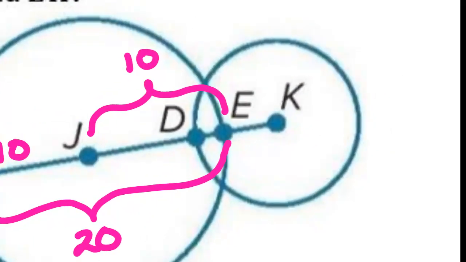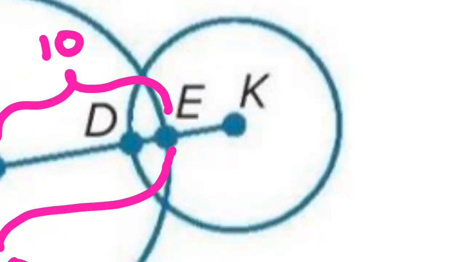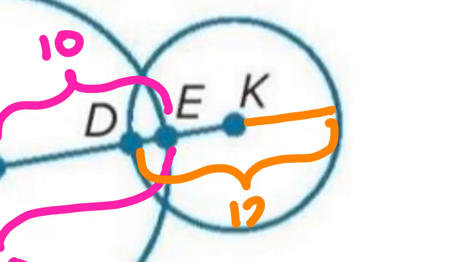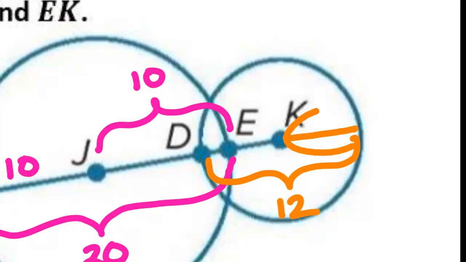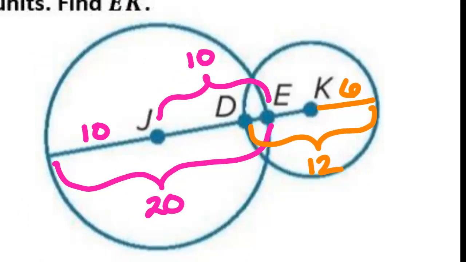The diameter of the other circle was how much? 12 was the diameter. That would go over to the edge of the circle. Well, if that's 12, how big is this right here? That is 6. Which means from D to K would be how big? Would also be 6.